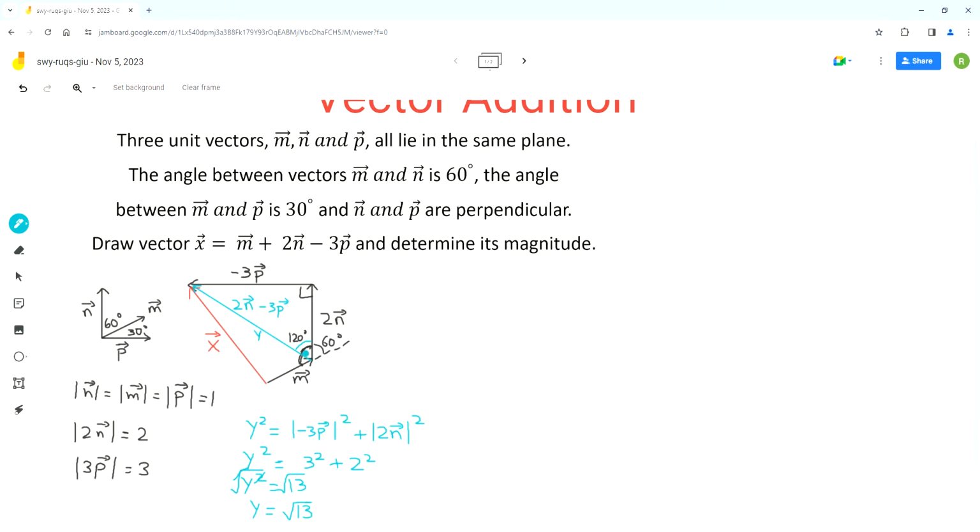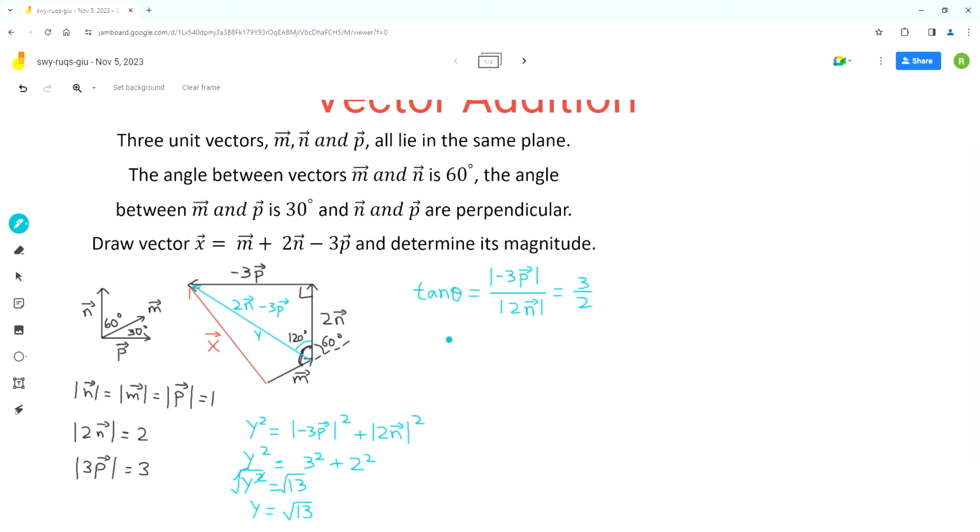So for that we can use tan ratio. So we can write tan theta equals, so the formula for tan is opposite over adjacent as per SOHCAHTOA. So it will be magnitude of minus 3p over the magnitude of 2n, which is equal to 3 over 2.